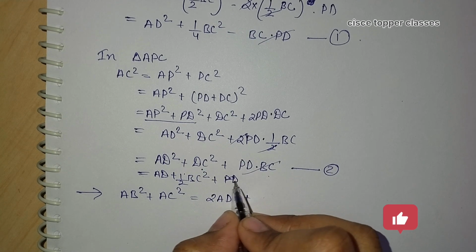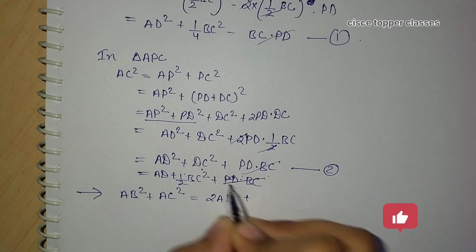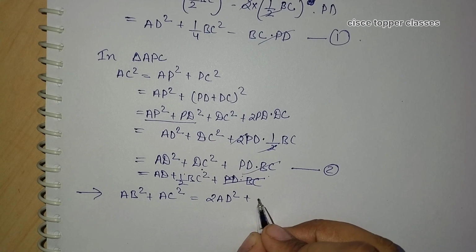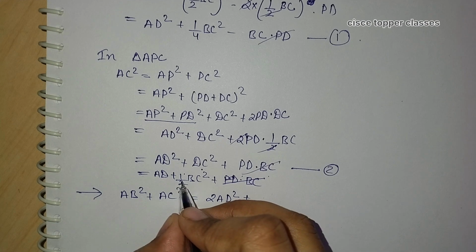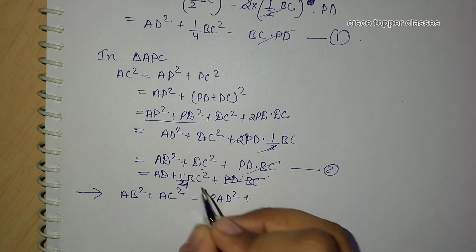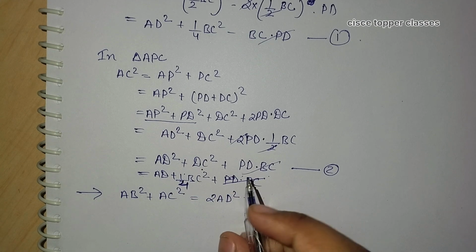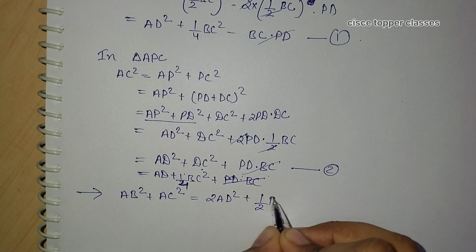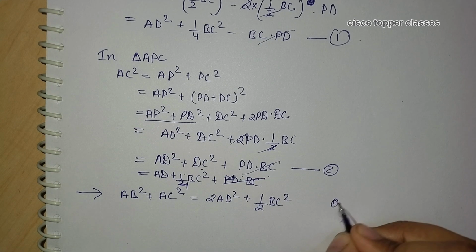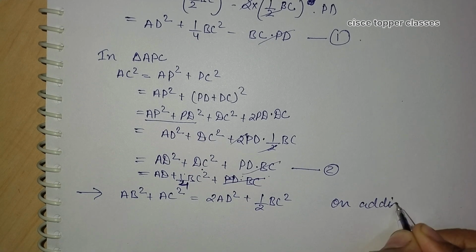This has been cancelled out, so it will be 2 AD square plus 1 by 2 BC square, because this is 4, sorry, on taking the square here, we get 1 by 2 BC square on adding the first and second equation.